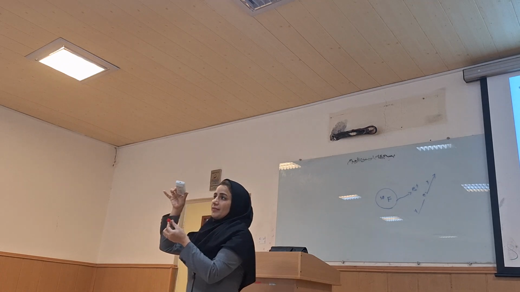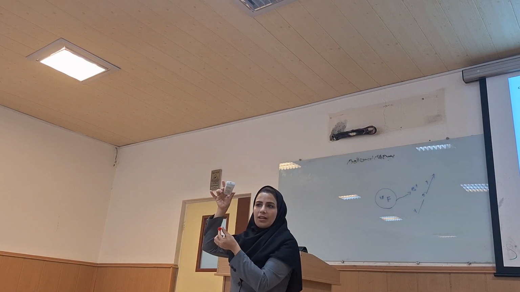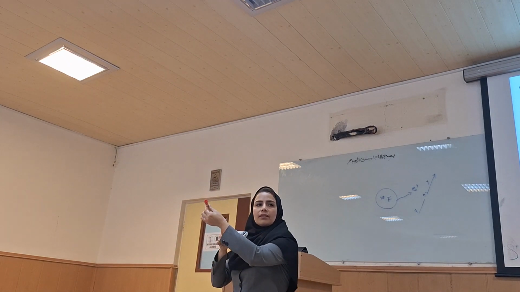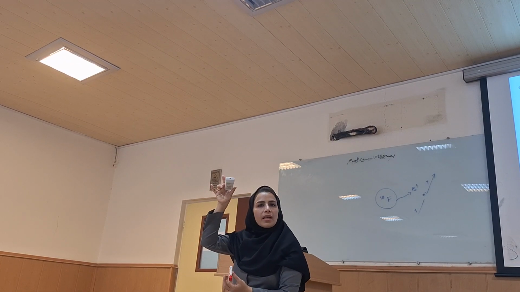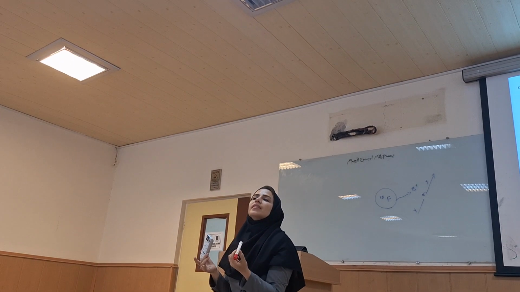If my detector head, my gamma camera, rotates around the patient, I take 3D imaging. This time its name is SPECT imaging. My instrument is again the gamma camera, but if it rotates around the patient, it is called 3D imaging or SPECT imaging.